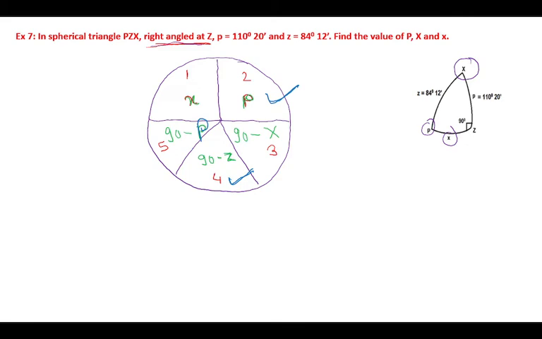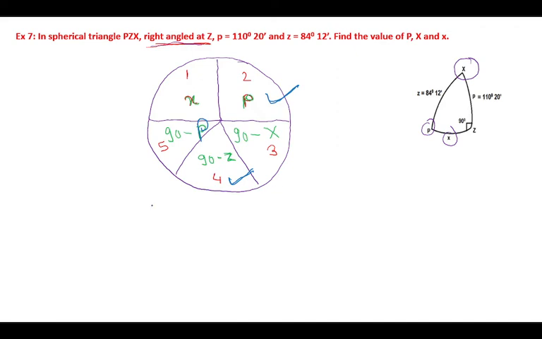Now we have to select one of the sectors as a middle part, and we can use Napier's rule. If we take sector 3 as a middle part, we can take sine of the middle part equal to tan of adjacent.